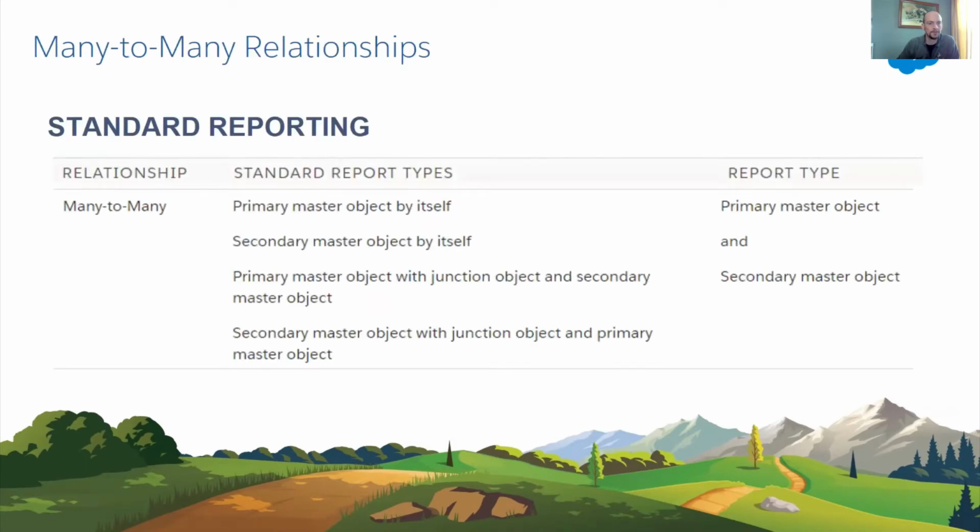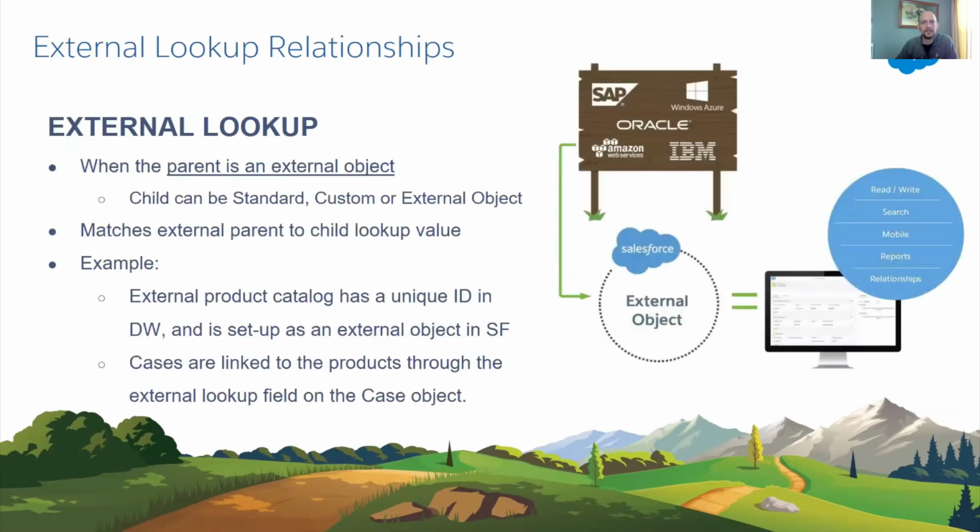Where am I going here? The key here, I think the easiest way to get this is when the parent is the external object, it's an external lookup. So if your child is the object that's inside Salesforce, and you create an external object that is the parent, then you're using that standard external lookup, because that parent object, you're relating that Salesforce ID of that external object to the child.